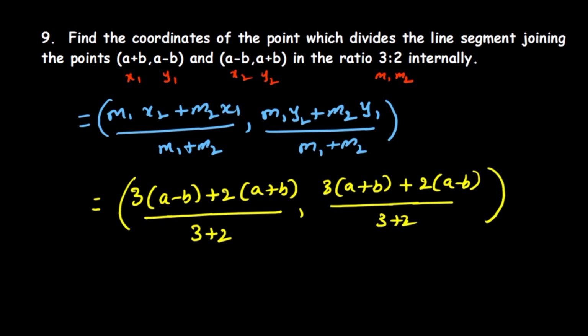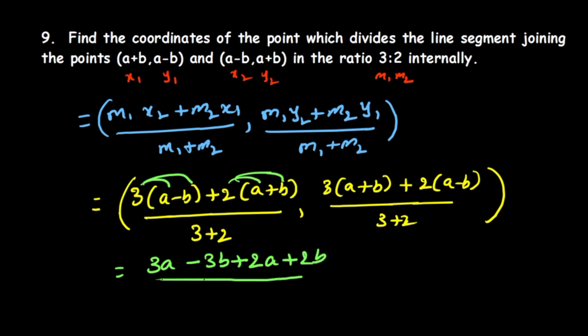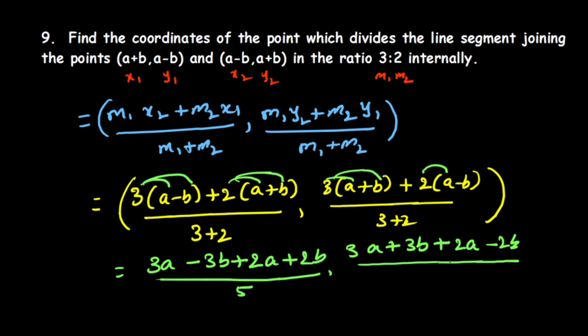So in the next step we get 3a, 3 into a is 3a, minus 3b, plus 2a plus 2b, divided by 5. So 3a plus 3b plus 2a minus 2b by 5.